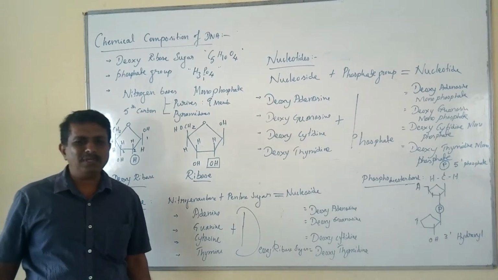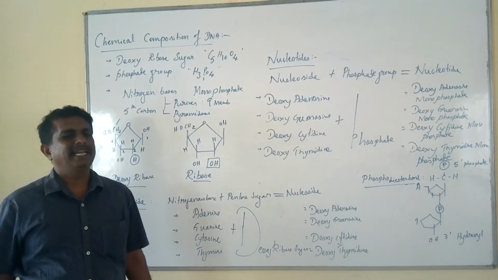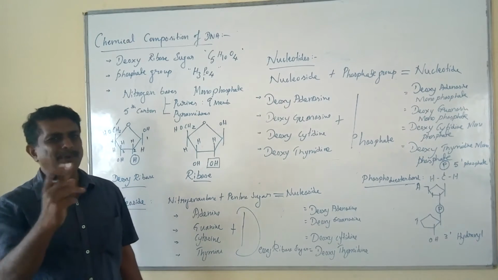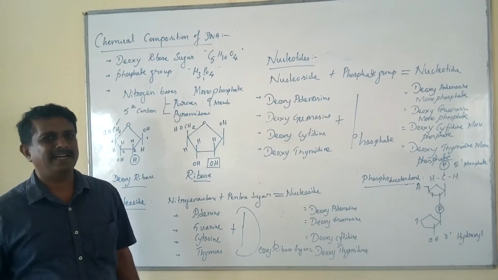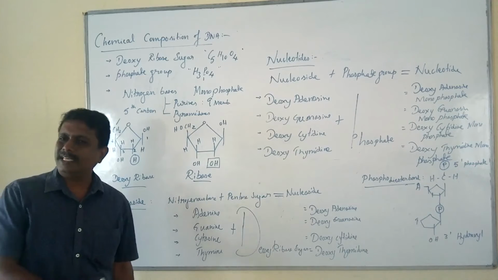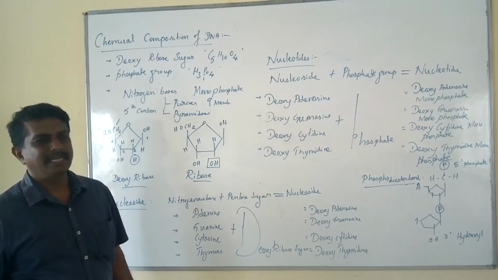These are of two types, namely adenine and guanine. Adenine and guanine are the purine derivatives found in the DNA.